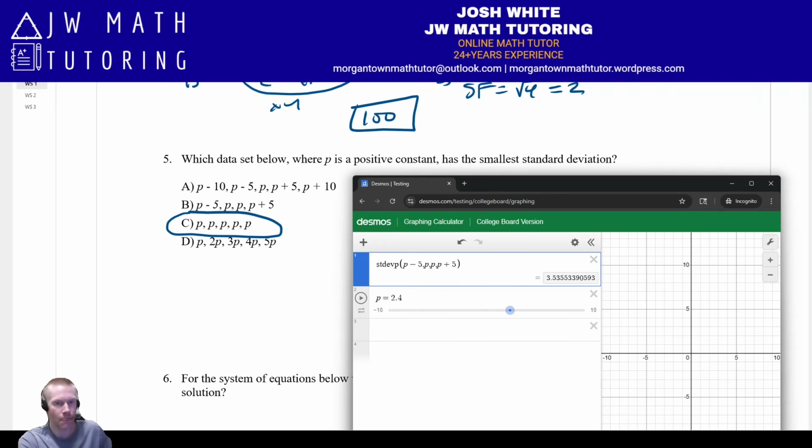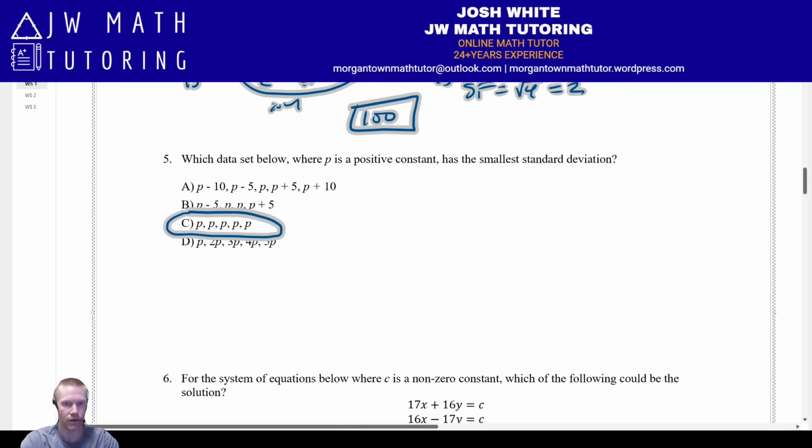But the point is, it's smaller than A. But when you check C now, see, it's 0. That's going to be the answer. And you can double check the last one. 3.39, whatever. Okay, so the correct answer for this one, again, is just going to be letter C. This is how you could verify or check this in Desmos.